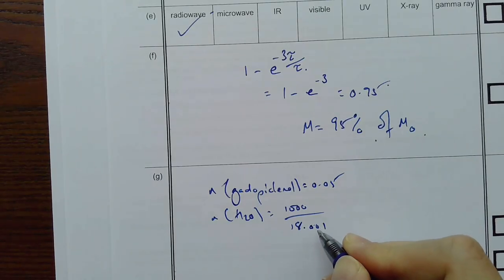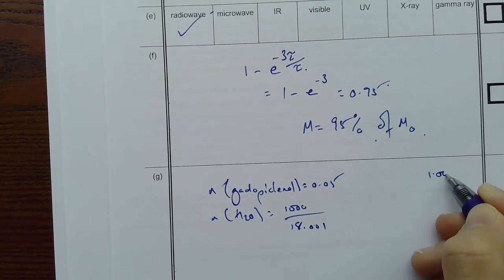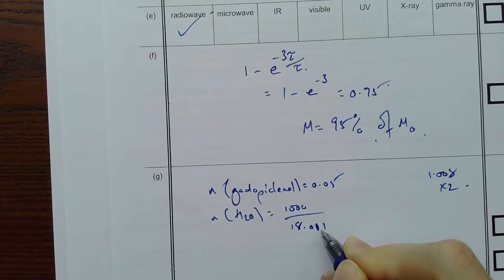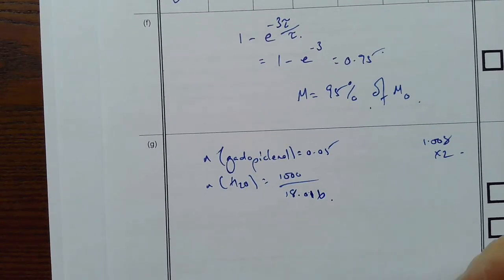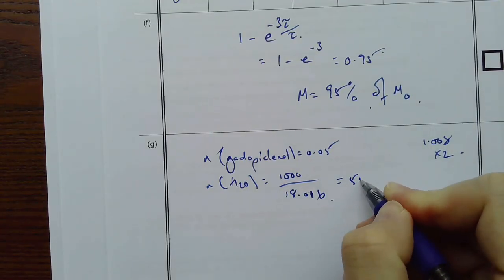18.001, it's 1.008 times 2, so 16. Okay, it's going to give me 1,000 divided by 18.08. It should come out about 55. Yeah, 55.5.